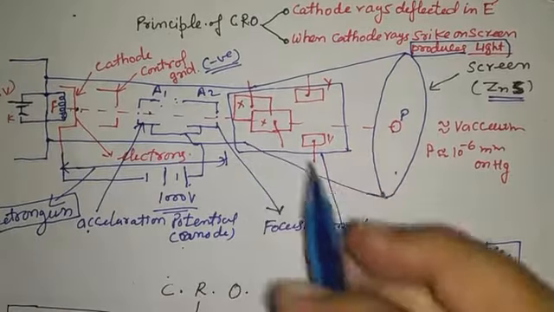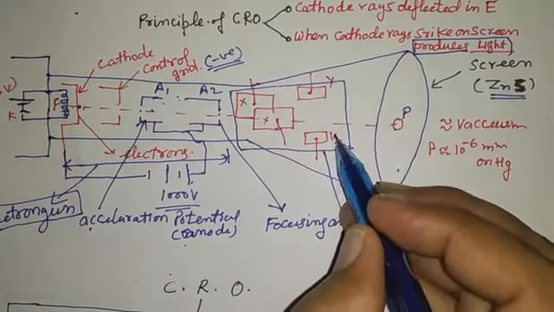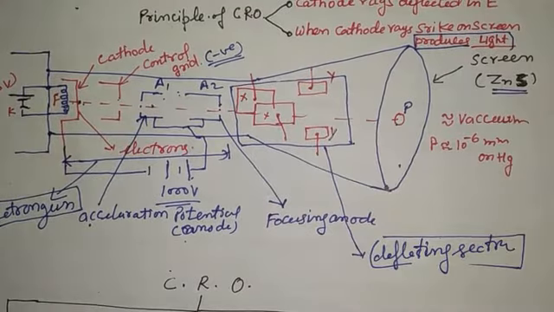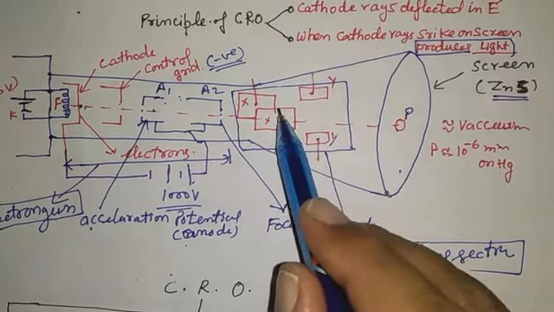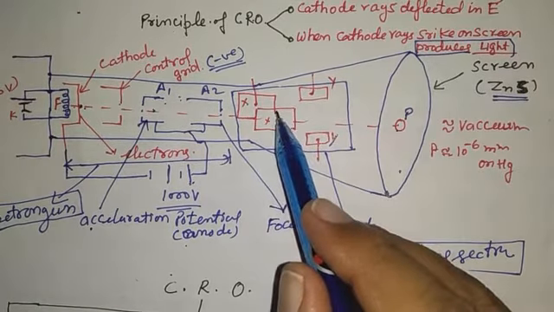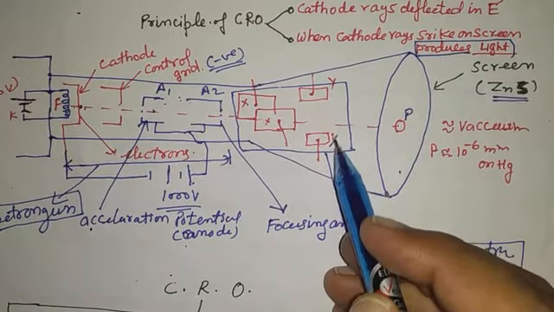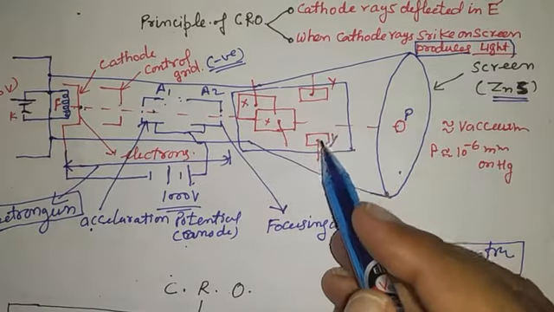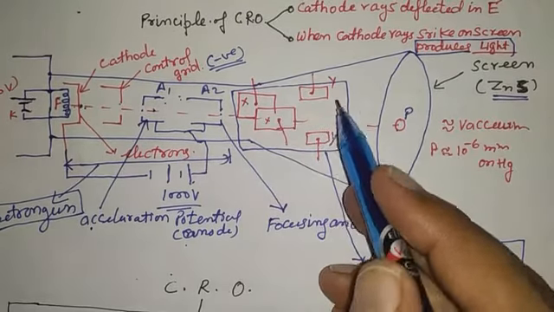The XX plate is in the horizontal and the YY plate is in the vertical direction. So the XX plate deflects the beam in the horizontal direction, whereas the YY plate, when an electric field is maintained, deflects along the Y-axis.